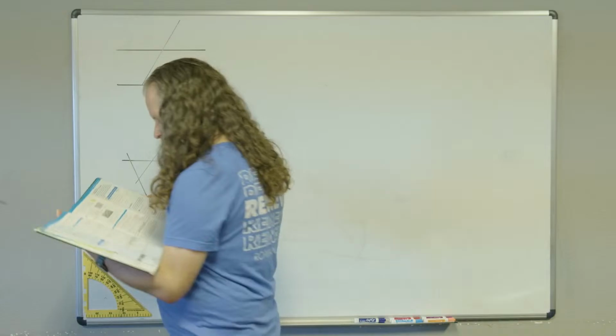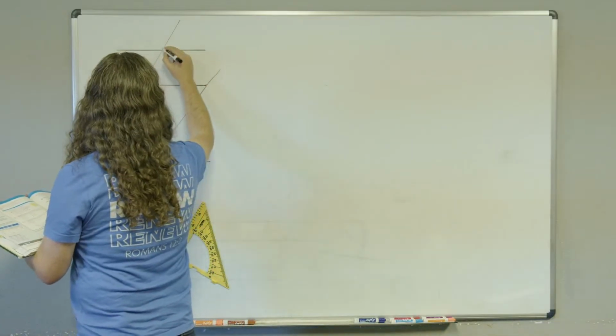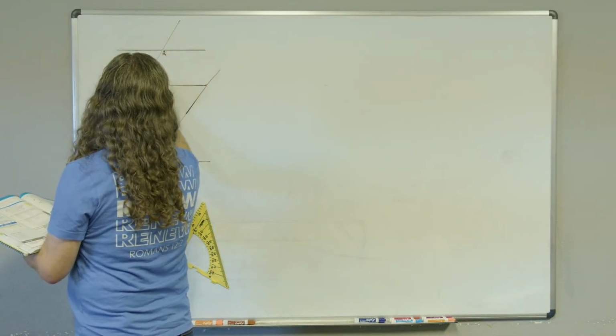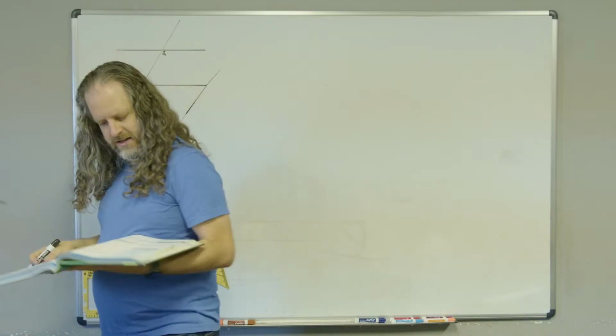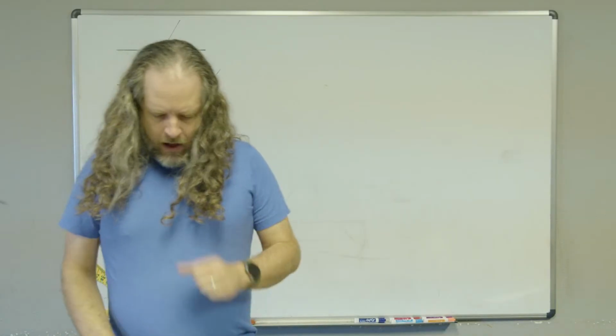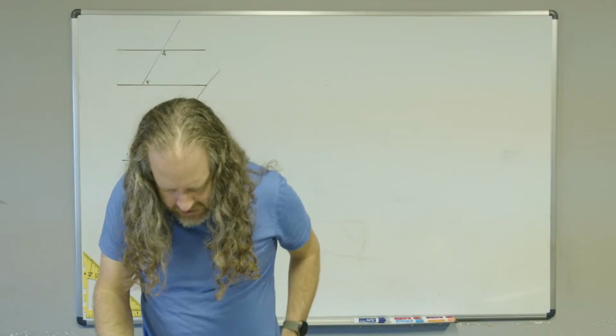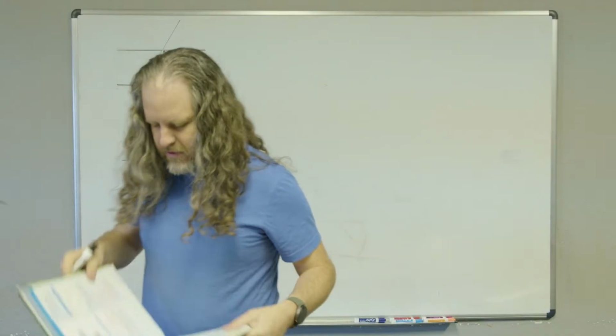So 2 and 4, 2 is right here, and 4 is right there. And it says identify the transversal. Okay, let me label all the lines real quick.